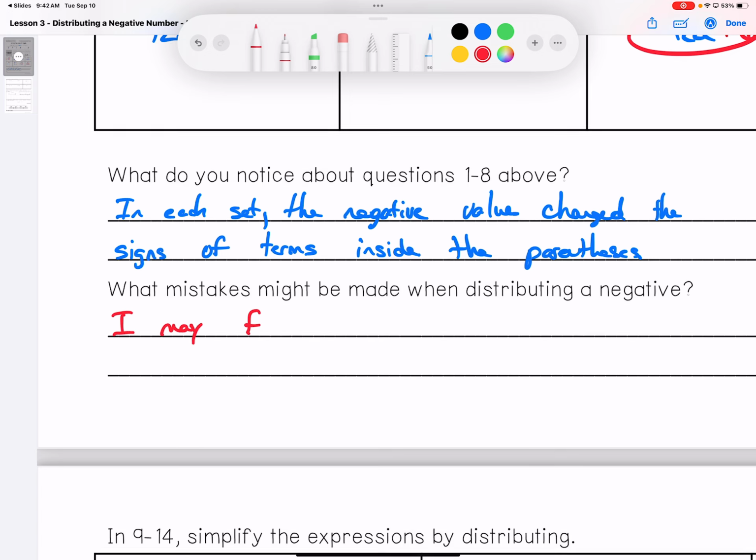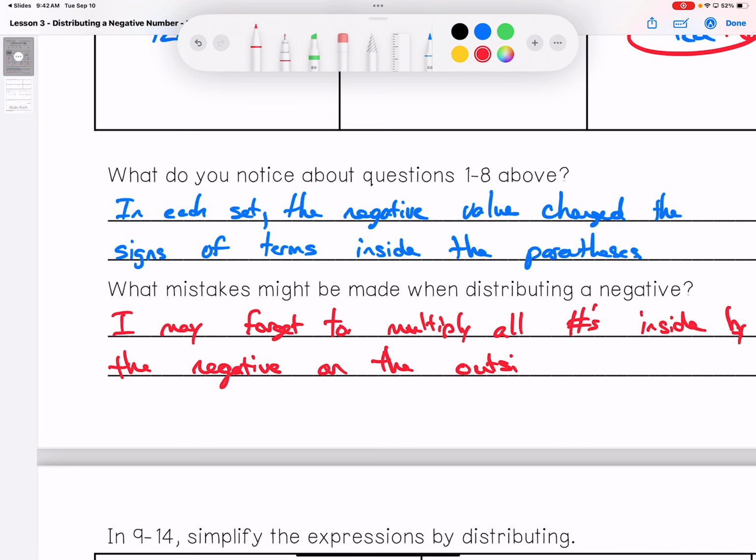I may forget to multiply all numbers inside by the negative on the outside. That's an example. You can put whatever you think might be your weakness. But one example is I may forget to multiply all numbers inside by a negative on the outside. So I may mess up.